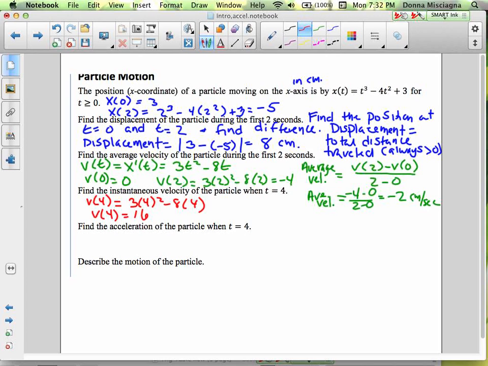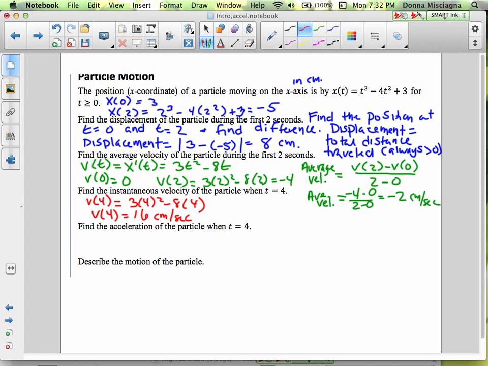Sometimes I keep the numbers in my head, but I'm a very visual person. So that is 16 centimeters per second. That's the moment we get to 4 seconds, that is the particle's velocity.